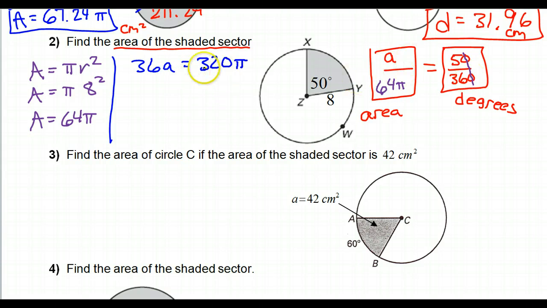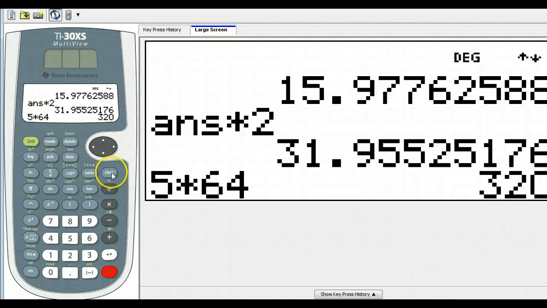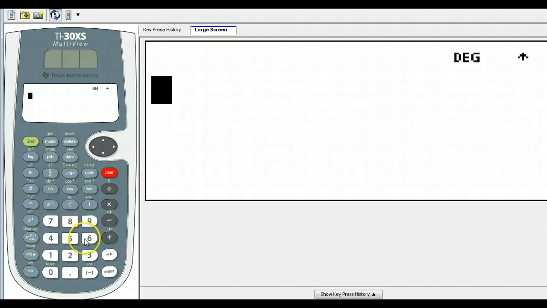So I cross multiplied, so now I just need to get a by itself, so we're almost to the last step. And we will divide both sides by 36, like this. Kabam! Okay, so I'm just going to reduce this to get my exact answer. So 320 over 36. I'm curious if it will do it with the pi first.